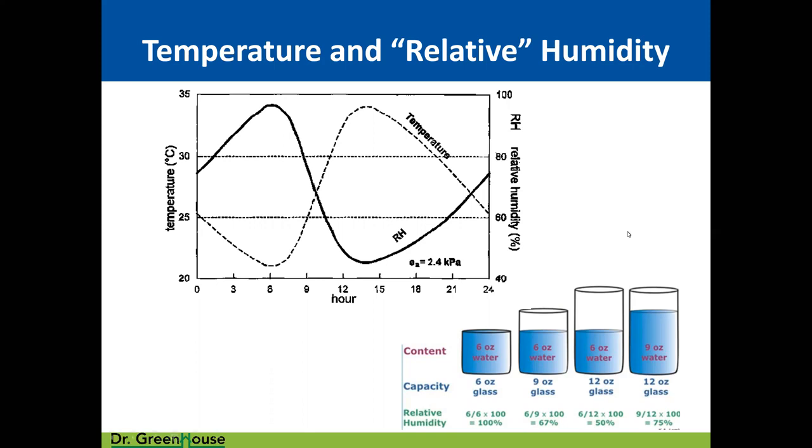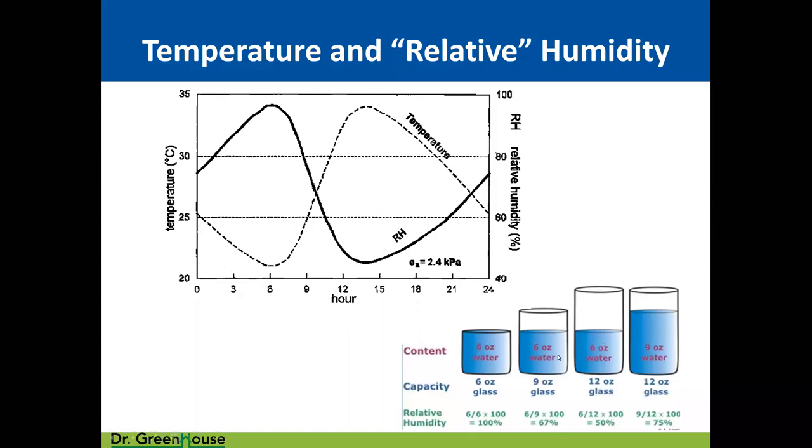As the temperature increases, basically we get a glass that is larger and the relative humidity goes down. But we could have the same quantity of water, say this glass, but it's a smaller glass. It's a lower temperature air. It can hold less moisture, and therefore we get a higher relative humidity.